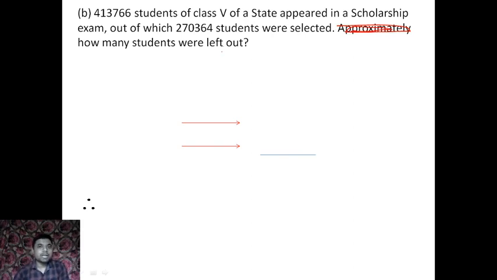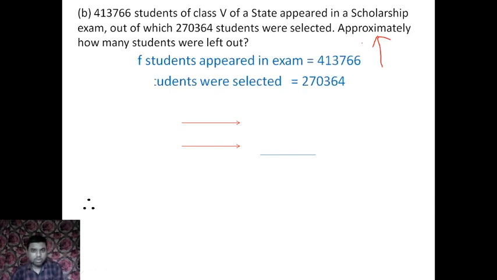Subtraction. When asked how many are left, we do subtraction, so our operator will be minus. Now approximately means we have to find a number which is closer to the actual difference. Is it clear? That means you have to estimate.